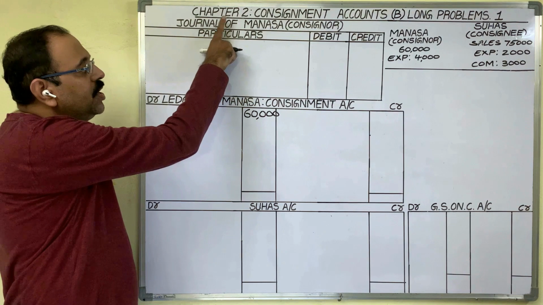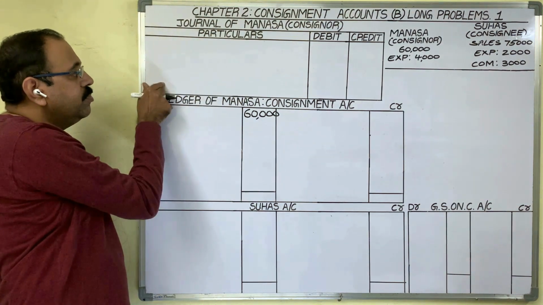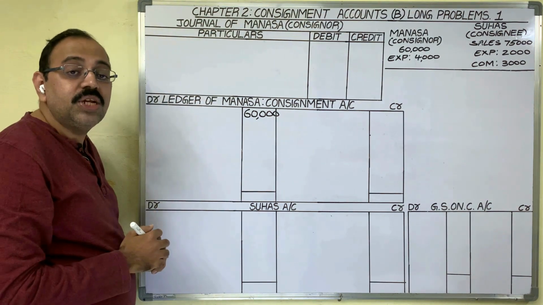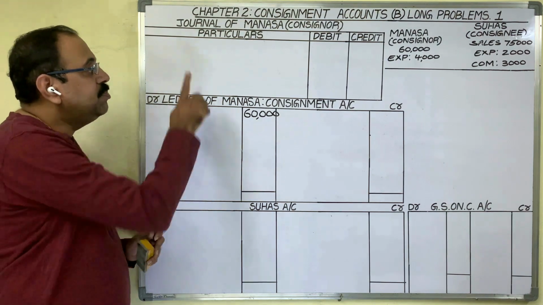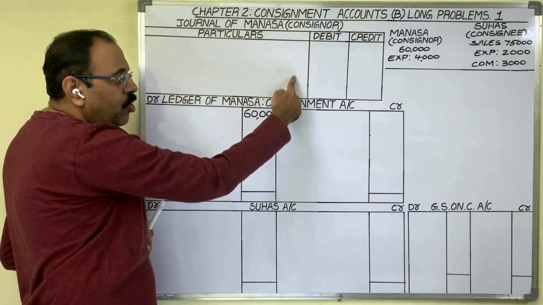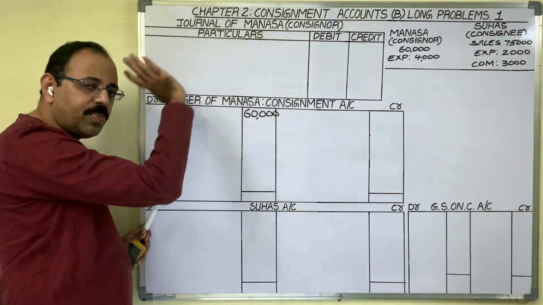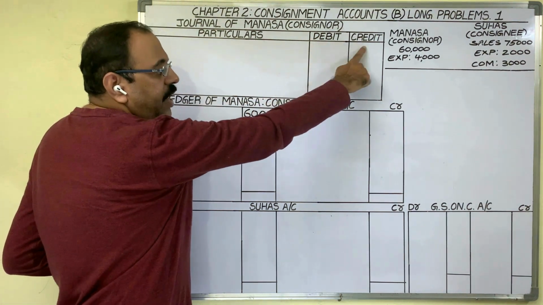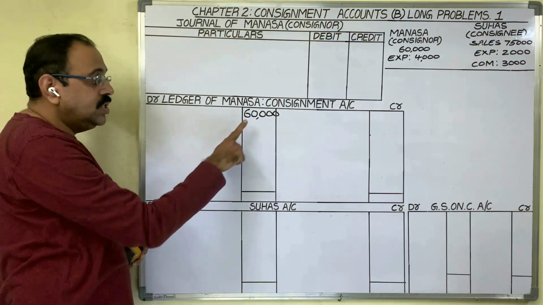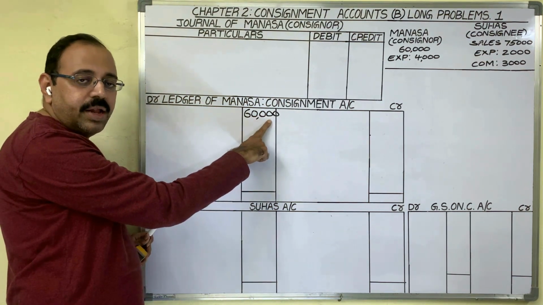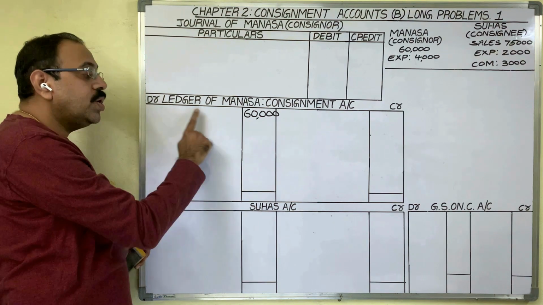See the journal, here also date column we need not to open because in question dates are not given. Particulars, actually we have to open LF number column, even that column also I am omitting, no problem. Debit, credit, right. So 60,000 is to be debited. And in particulars column what to write?